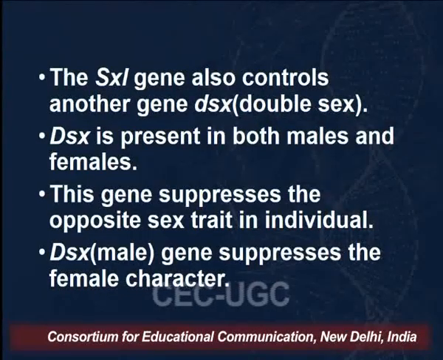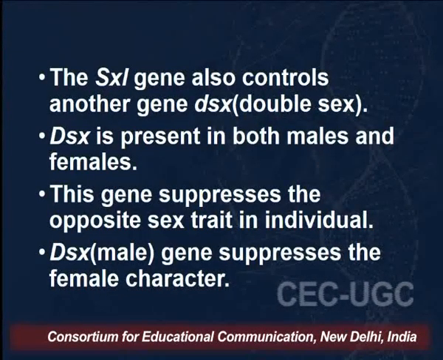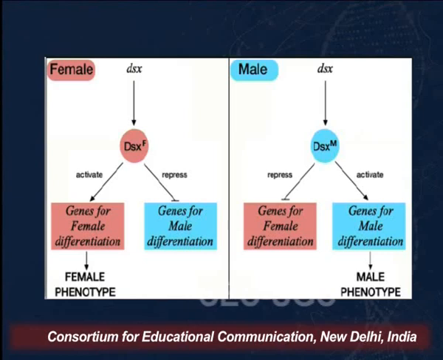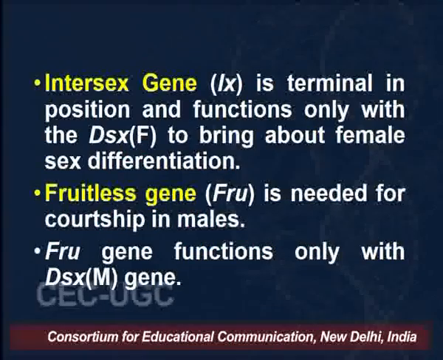The SXL gene controls another gene which is called the doublesex gene, abbreviated as DSX. This particular gene is present in both males and females, and it suppresses the female character. Just to summarize, in a female, the DSXF gene is going to be activated so as to give rise to a female phenotype, and in the male, it will be the DSXM which will be activated, and it would give rise to the male differentiation genes.